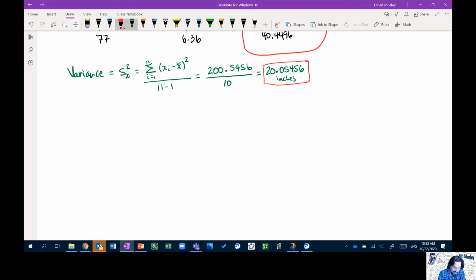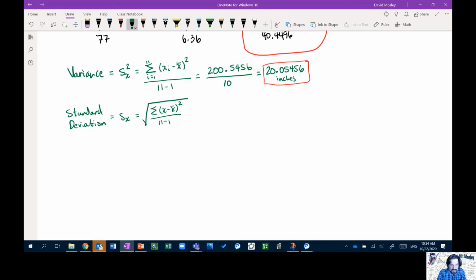Now to find the standard deviation, it is the square root of the variance. So we've already done this work. Again, I'm going to show you the notation so I want you guys to be familiar with it. I don't want it to frighten you, so to say. So our standard deviation will be equal to s sub x, which is equal to the square root of the sum of the squared differences divided by 11 minus 1.